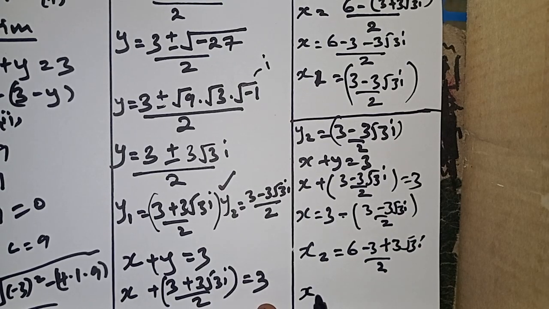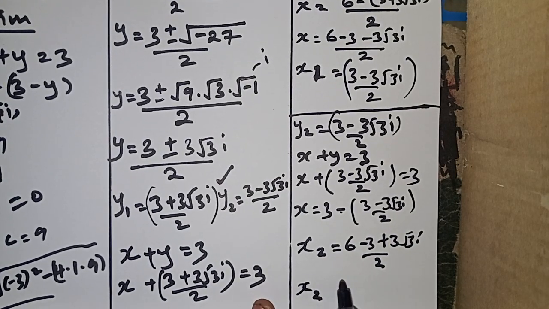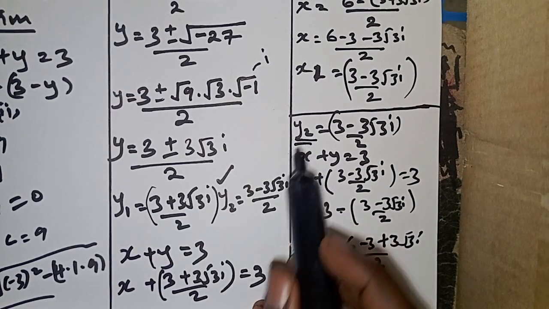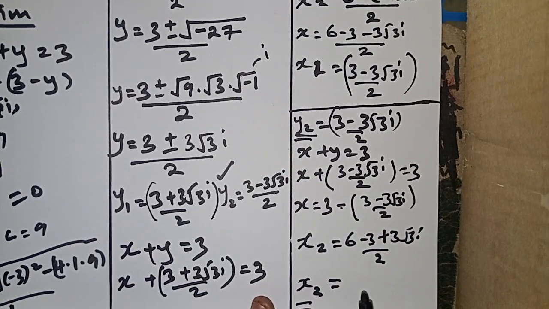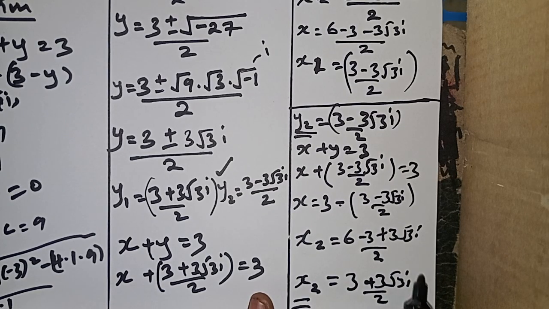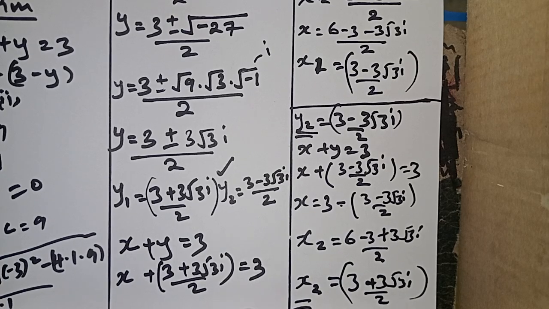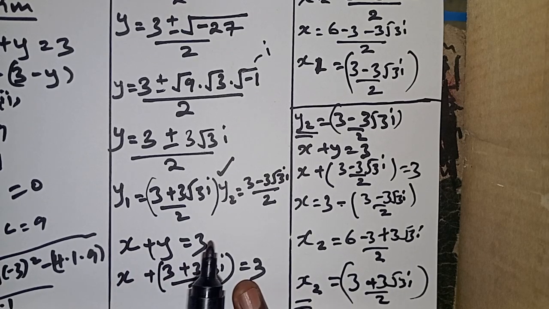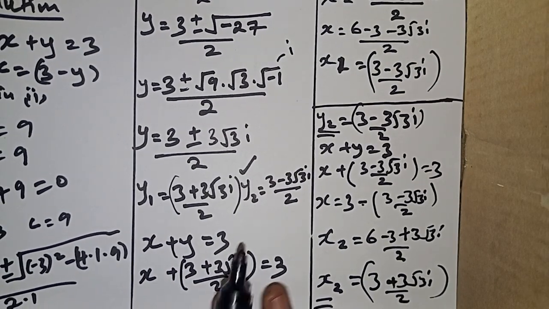So the final value of x2, which corresponds to this y2, will be equal to 3 plus 3 root 3 i divided by 2. And that brings us to the final solution to this particular Math Olympiad equation.